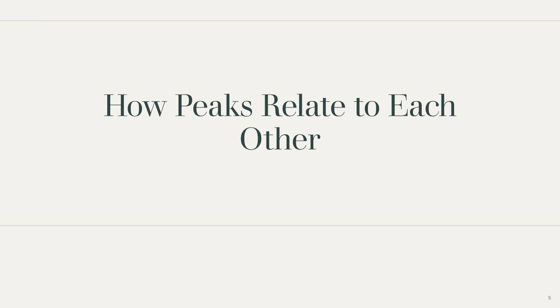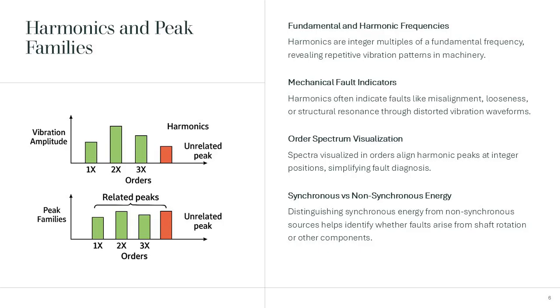Harmonics and peak families: synchronous, non-synchronous, and subsynchronous energy. Peaks in a vibration spectrum often exhibit relationships that reveal underlying mechanical conditions. Harmonics are a prime example. They are integer multiples of a fundamental frequency, typically the shaft running speed, 1x or 1 order.